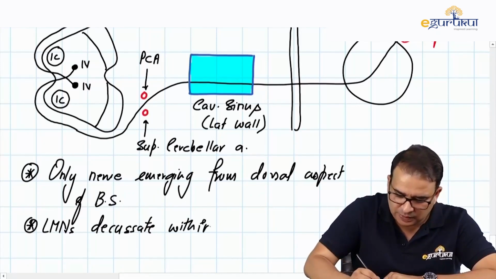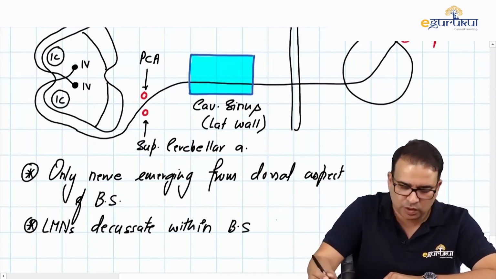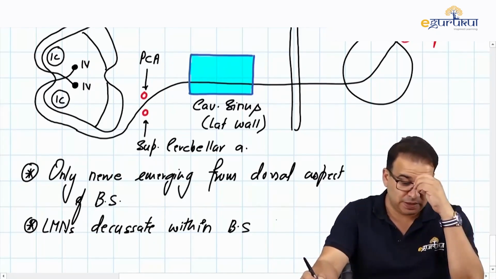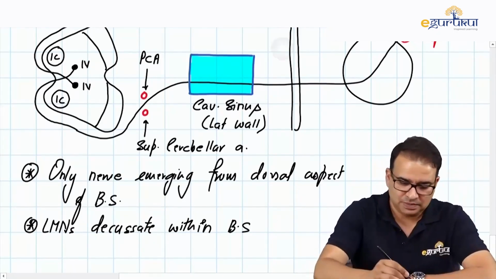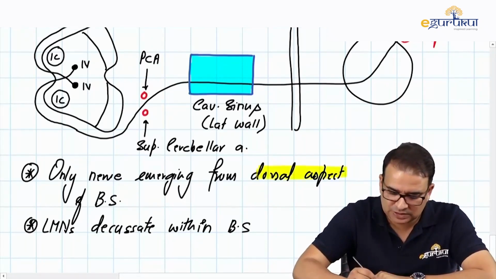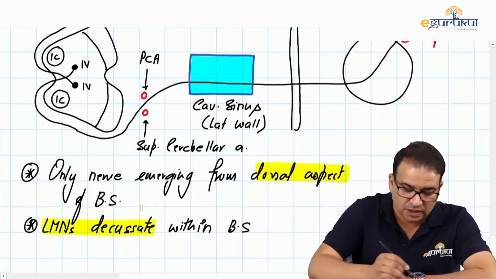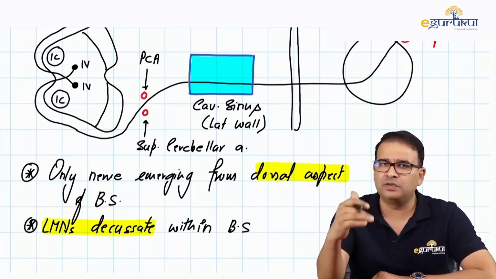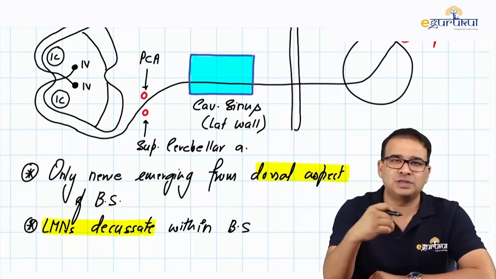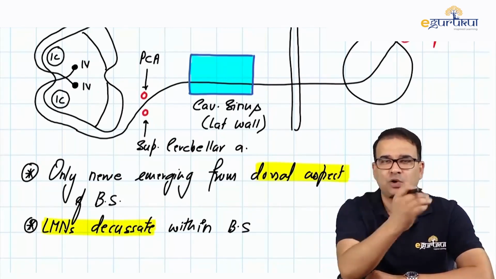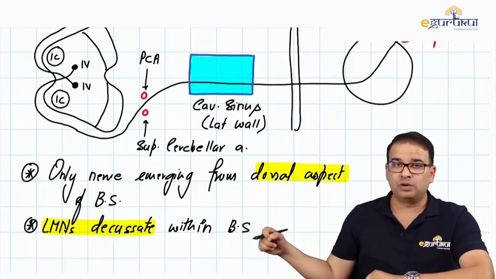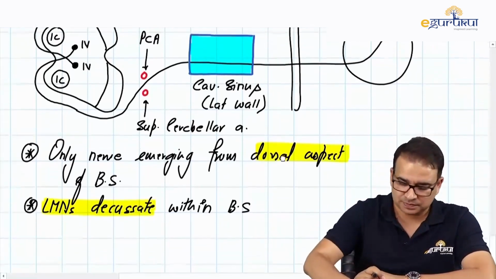Again, within the brainstem only. So one important thing is it is from the dorsal aspect here. And the second important thing is that lower motor neurons are decussating here. Usually when you talk about any cranial nerve, we talk about upper motor neurons decussating, like the facial nerve, where the upper motor neuron decussates. But here it's the lower motor neurons which are showing the feature of decussation.